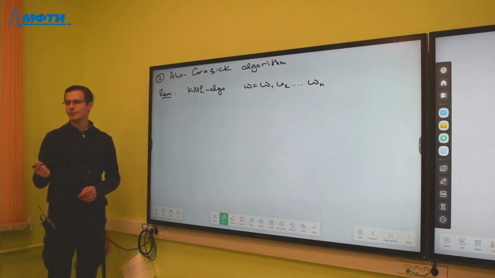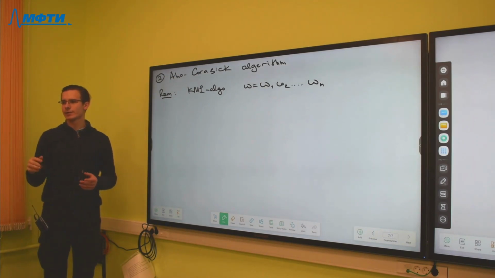We have one word and we want to find a substring that is equal to this word.